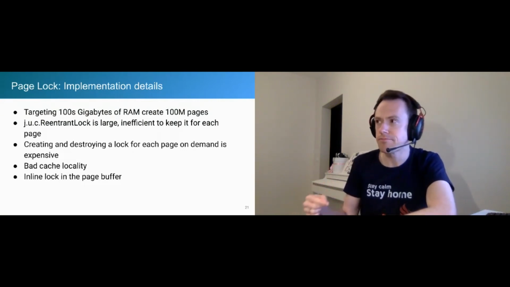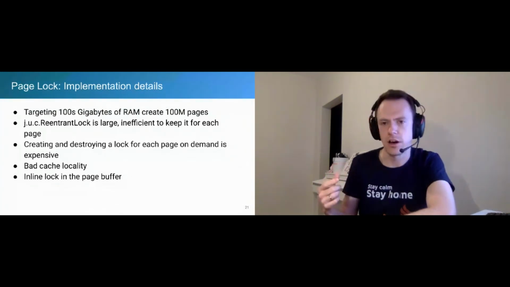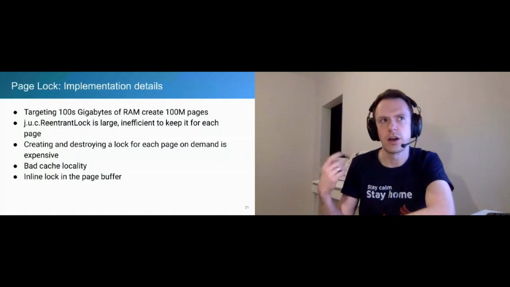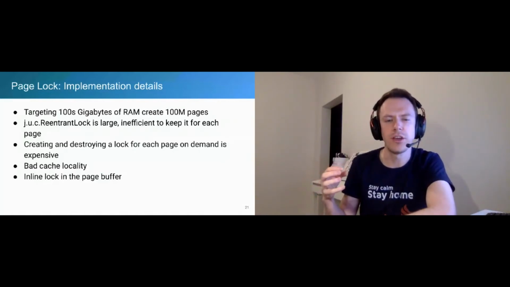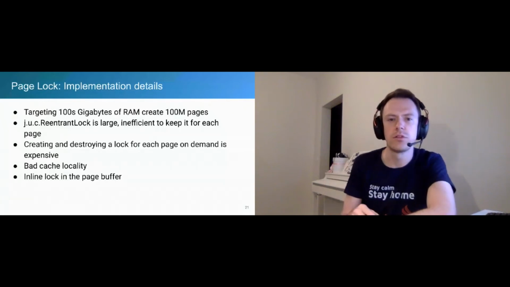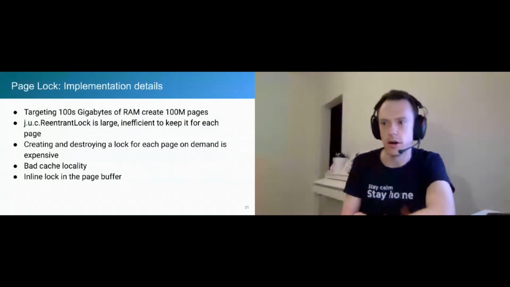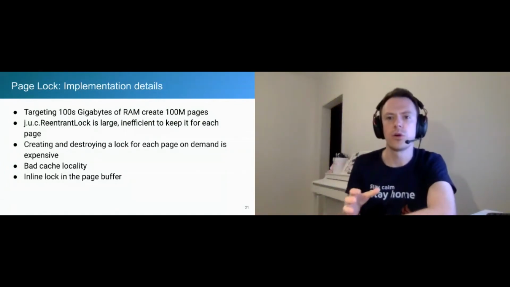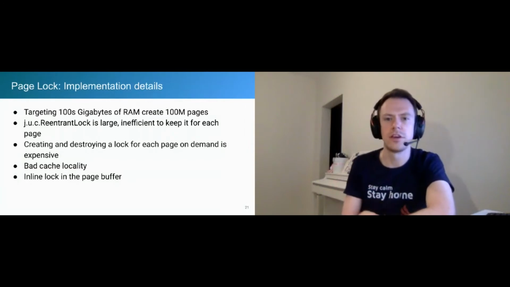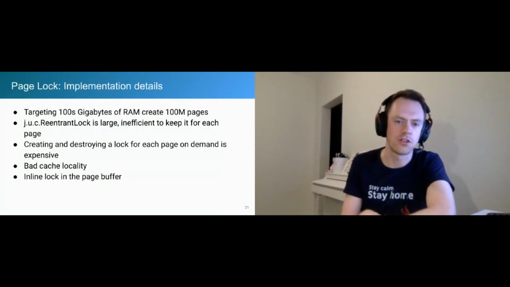And since on each update multiple pages are acquired, multiple pages are written and read, we would allocate very large amounts of Java objects. On top of that, keeping logs separate from pages implies bad processor cache locality.